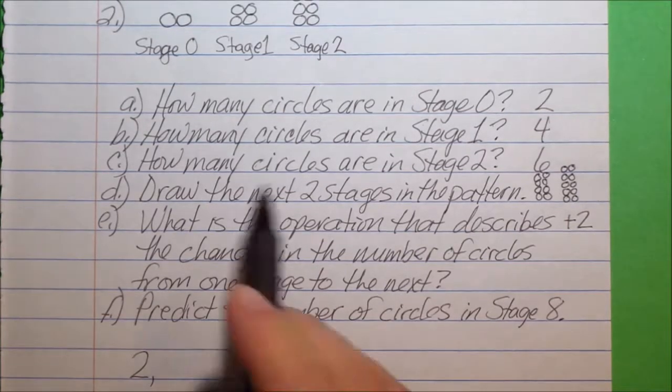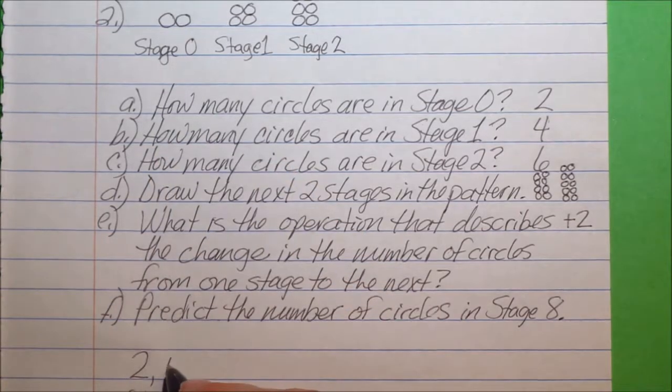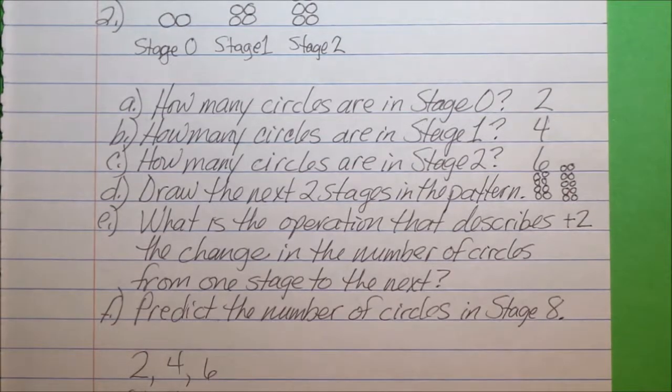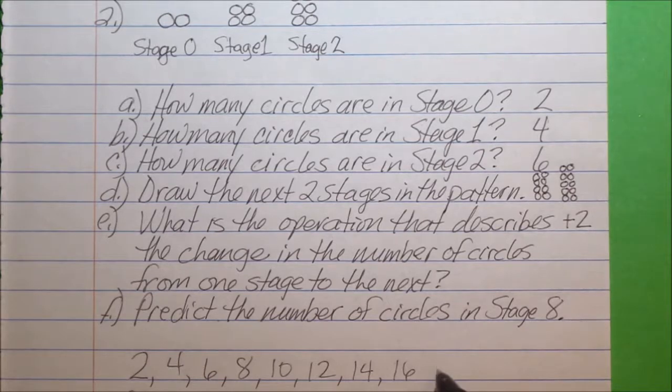Oh, actually, stage 0. That can really mess you up when they're expecting it to start at 1. So that was 2. 4 is stage 1. 6 is stage 2. 8 is stage 3. 10 is stage 4. 12 is stage 5. 14 is stage 6. 16 is stage 7.